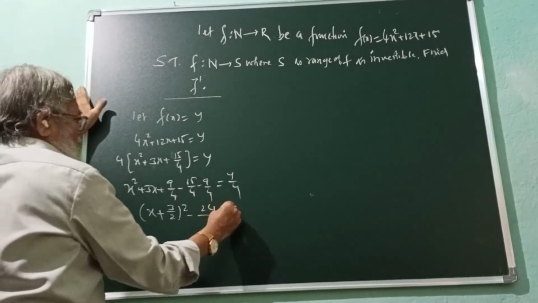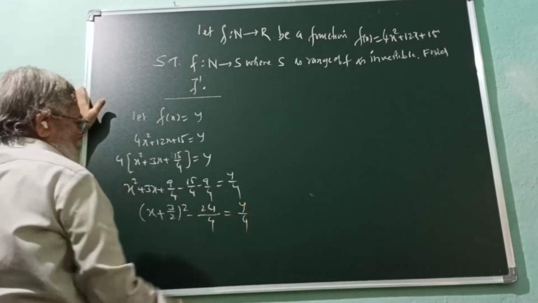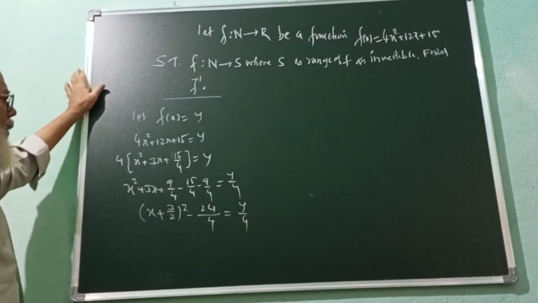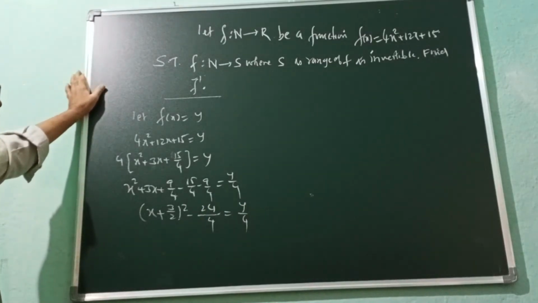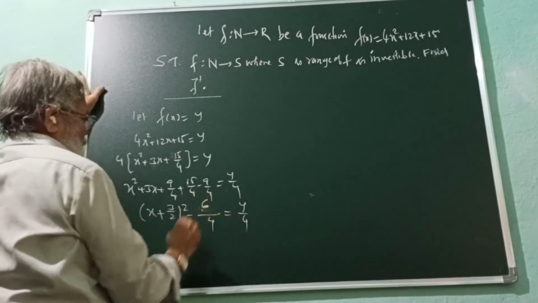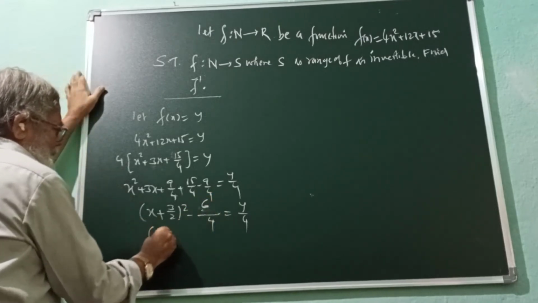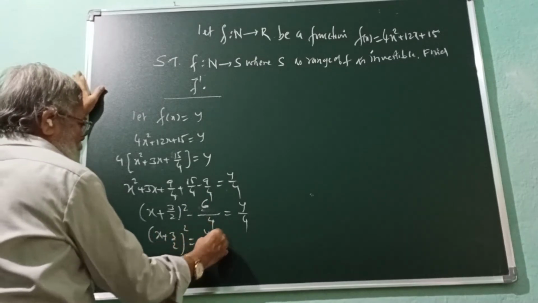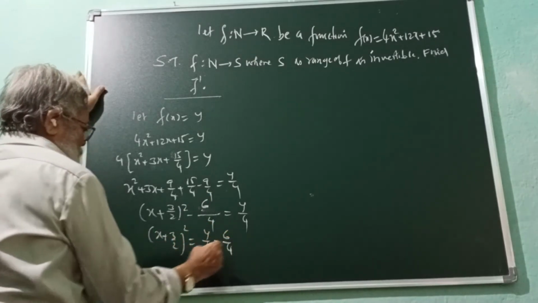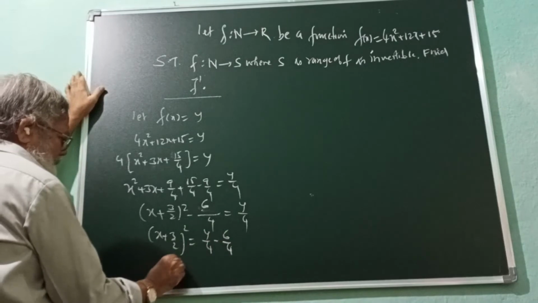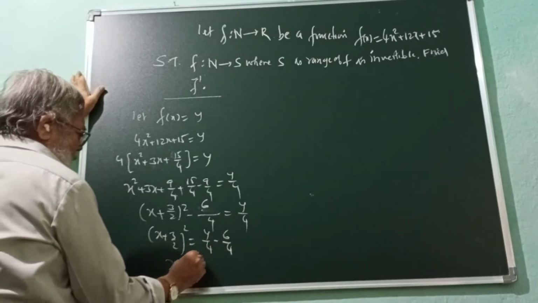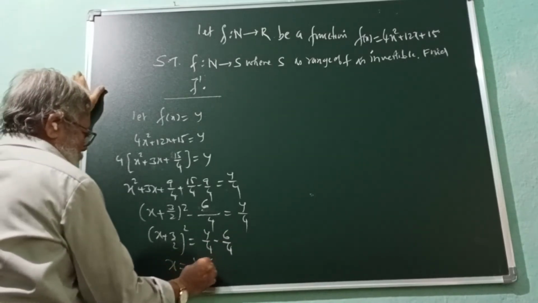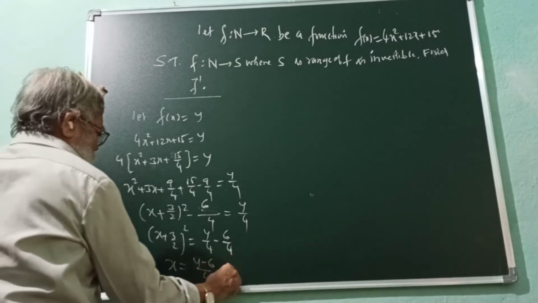Four by 4 is equal to y by 4. It will be 6 by 4, right? Therefore, (x plus 3 by 2) whole square is equal to y by 4 minus 6 by 4. By simplifying this, x is equal to root of (y minus 6 by 4) minus 3 by 2.